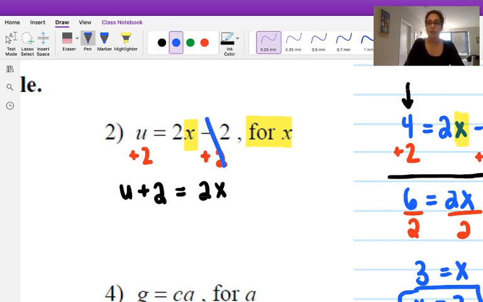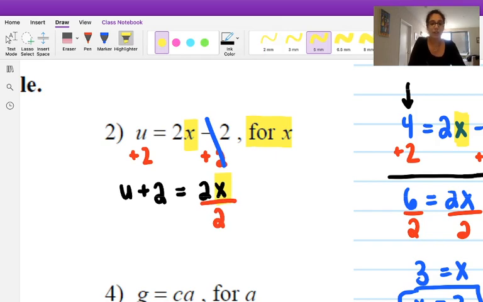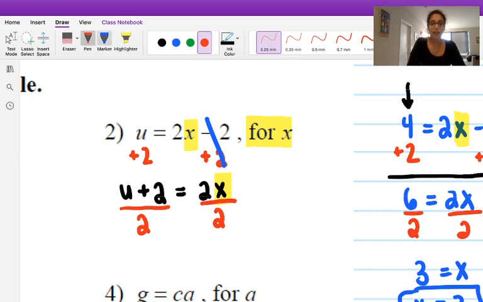Now what did I do here? I'm dividing by 2. Again, we are solving for this x, so we need to get rid of all its surroundings. So I'm dividing the entire side by 2. And so what do I get? This goes away. Let's be consistent with our colors, Miss Masood. And then on this side, I get x plus 2 over 2 equals x.